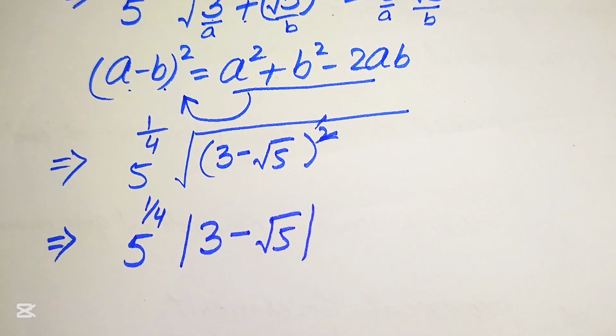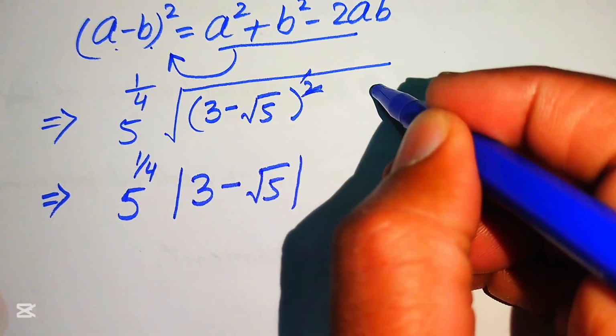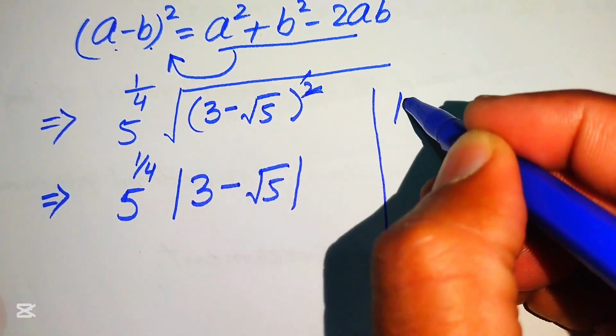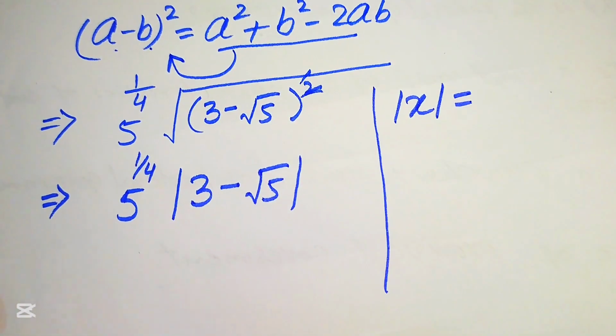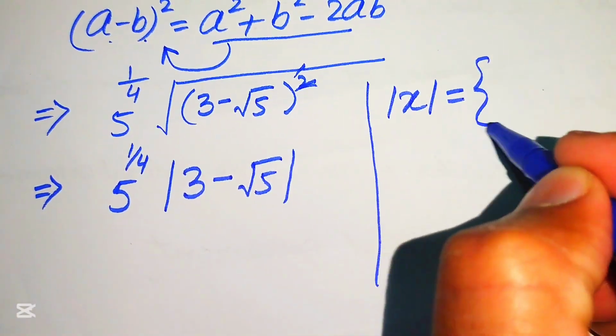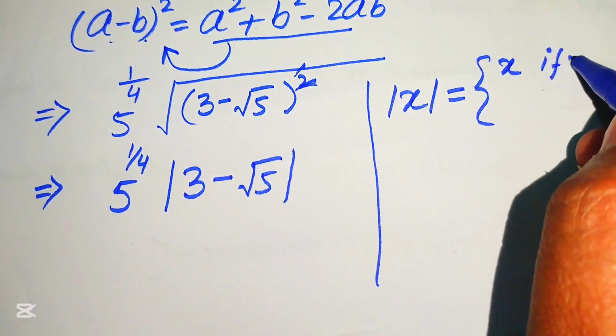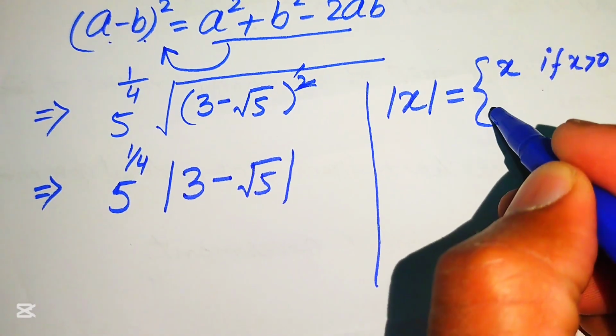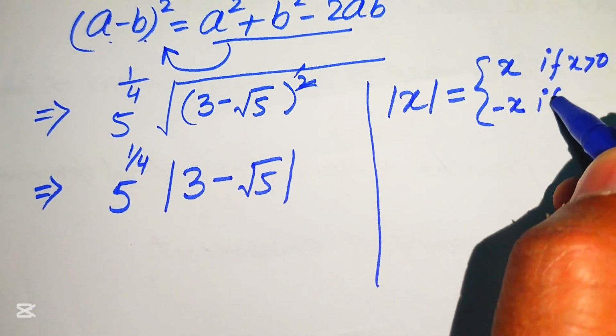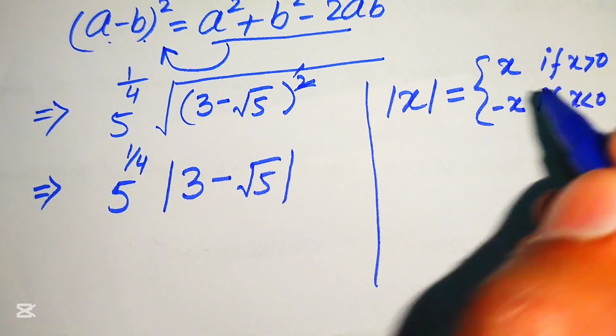Now I can explain a little about the absolute value of a number. If you have the modulus of x, it equals positive x if x is greater than 0, and it is negative x if x is less than 0.